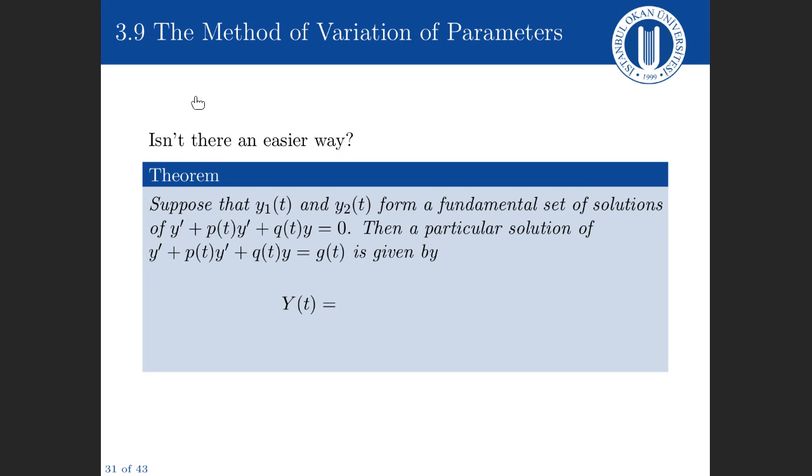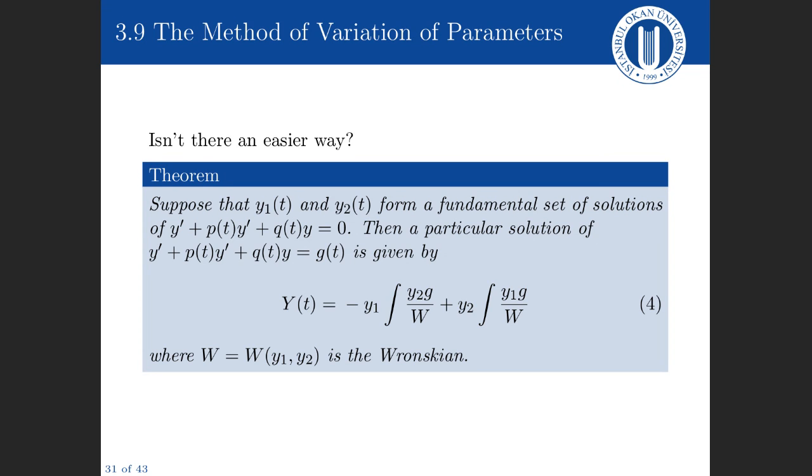Same left-hand side, but now equal to g(t). And the formula is, the particular solution is minus y1 multiplied by the integral of y2 g divided by w plus y2 multiplied by the integral of y1 g divided by w, where w is the Wronskian of y1 and y2.